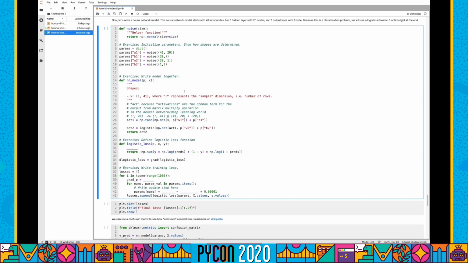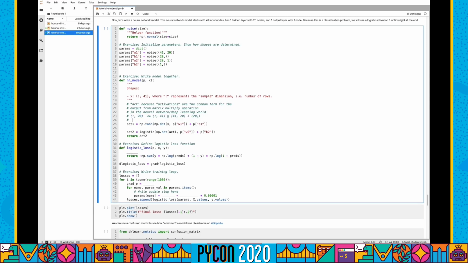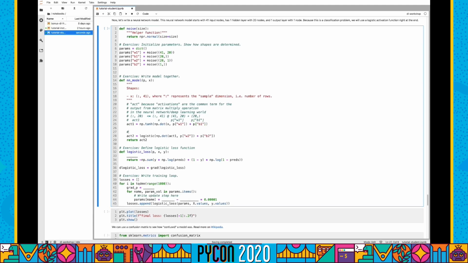And this sort of annotation has helped me keep my tensor dimensions straight, my matrix dimensions straight, because sometimes it's really hard to know what's going on, okay? So this would be act1, this would be my x, this would be my p of w1, put that up there, and this is p of b1, sorry. All right, and then we'll do the same over here.